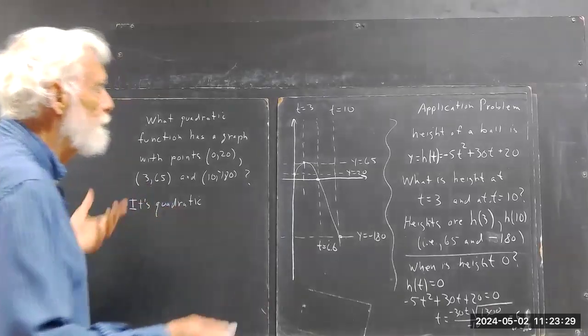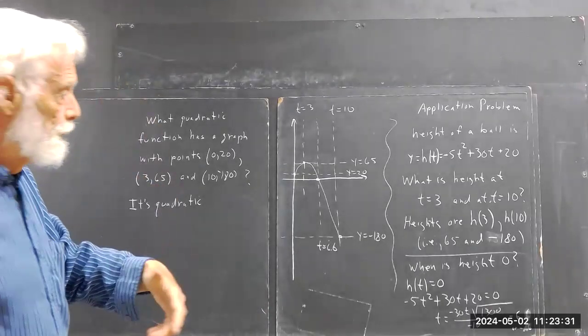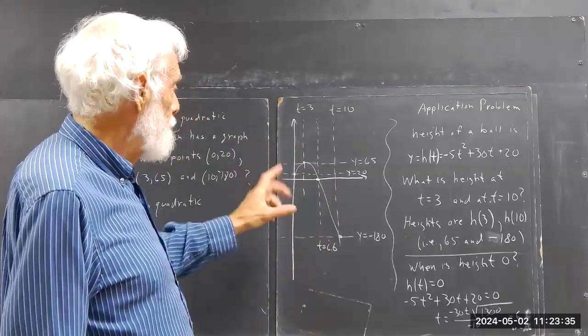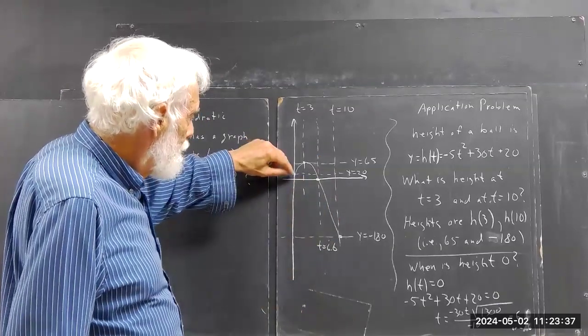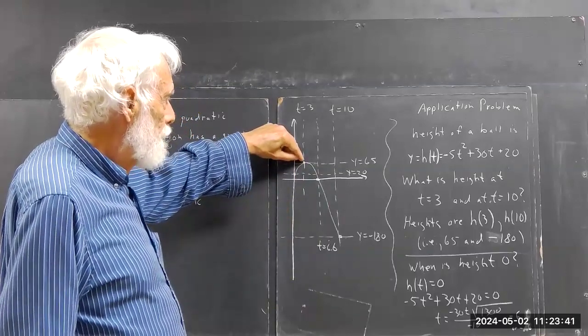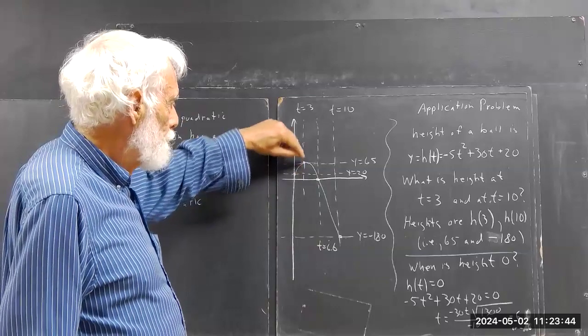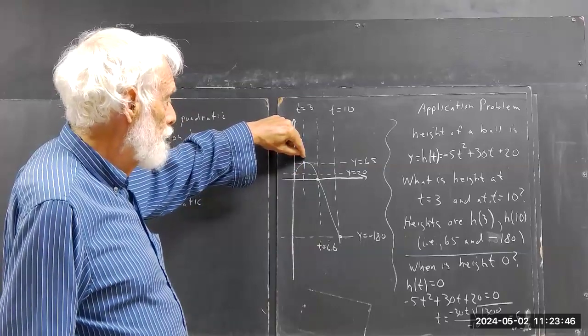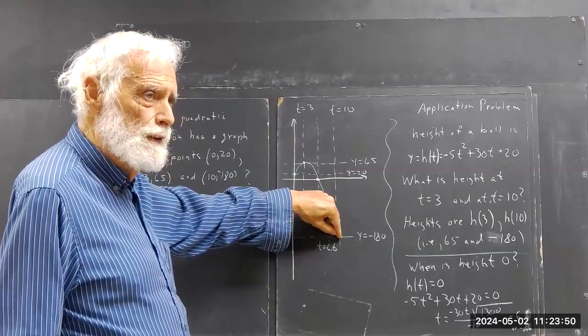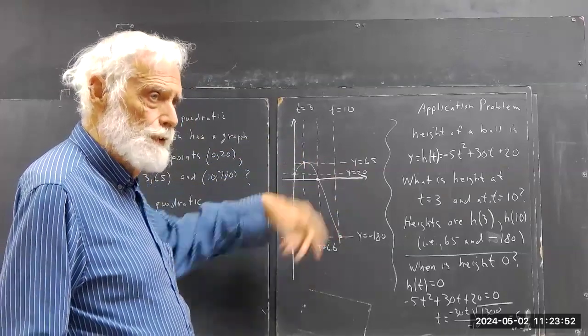Just say the function is quadratic. So suppose that somebody else was observing this function. Somebody had a camera and they said, okay, when it started, it was 20 feet high. After 3 seconds, it was 65 feet high. And after 10 seconds, it was 180 feet below where it started.